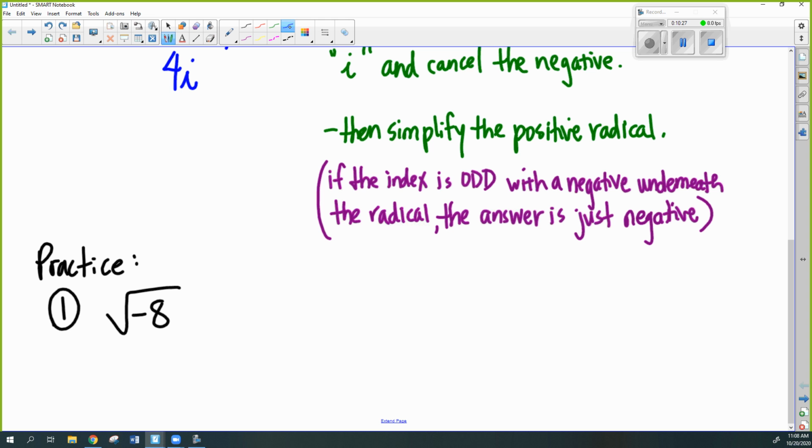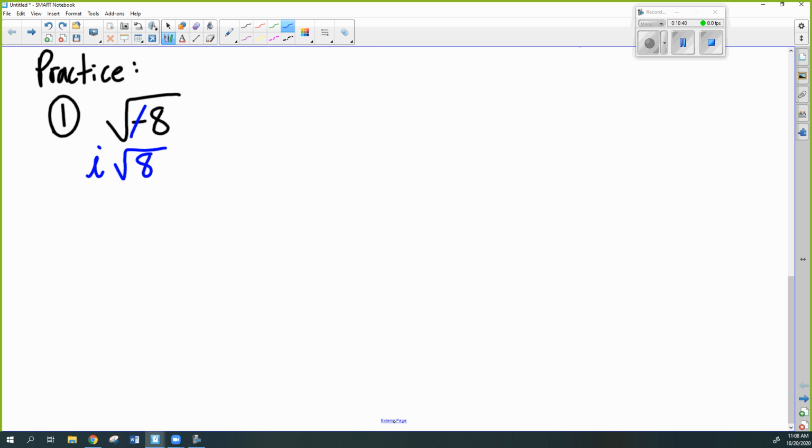And so if you want, you can go ahead and cancel out the negative and put an i in front, and then you're done with that, and then you break down the radical. Okay? All right, so break down the radical means make a factor tree and look for your sets.